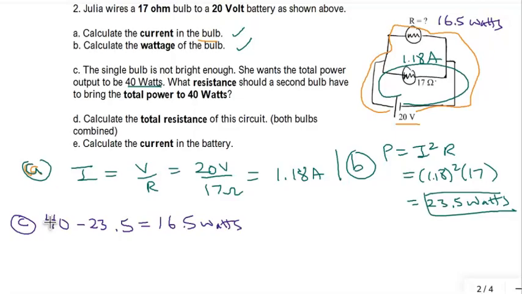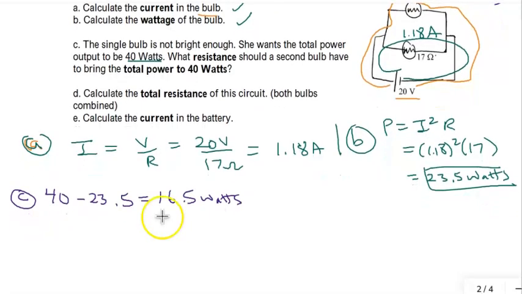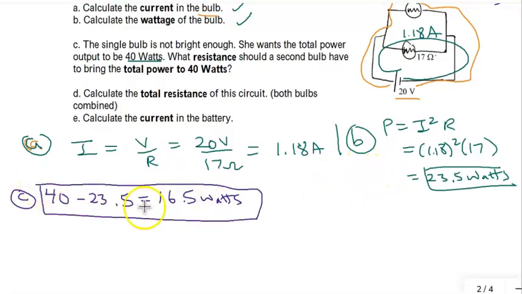Okay. And then, on my PDF key, I'm using a formula that I really don't like people to use because you have to be really careful with it. So I'm going to try to do it another way. Okay. What resistance should the second bulb have? We know that the power of the second bulb is I squared R. We want that to be 16.5.